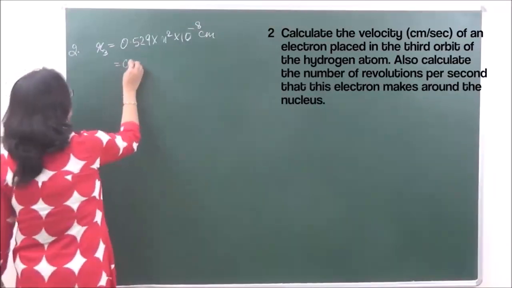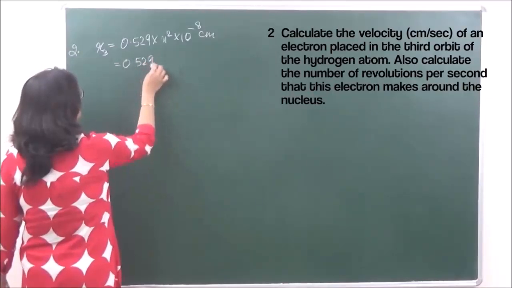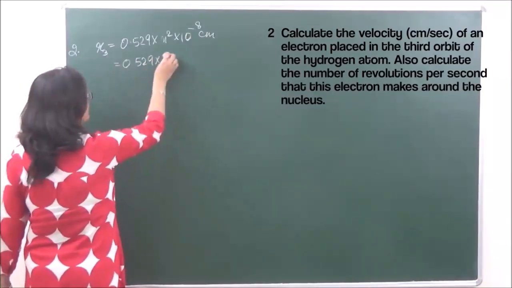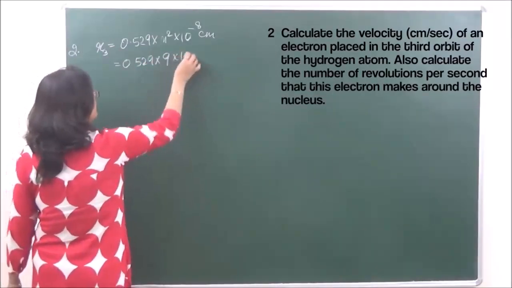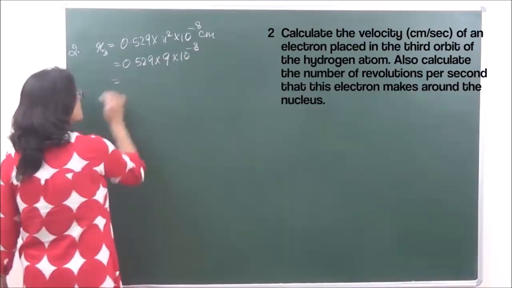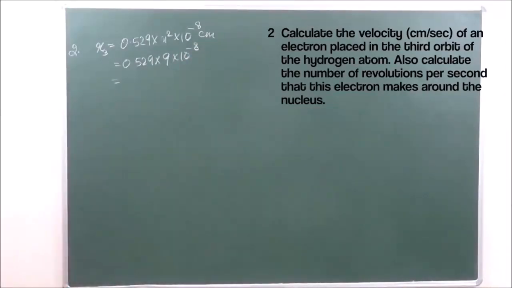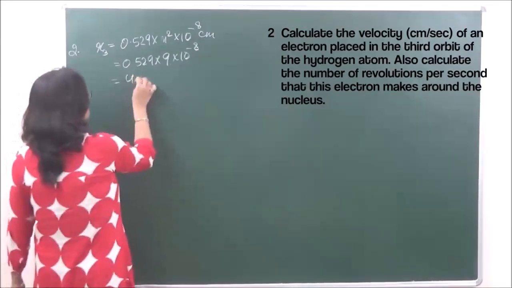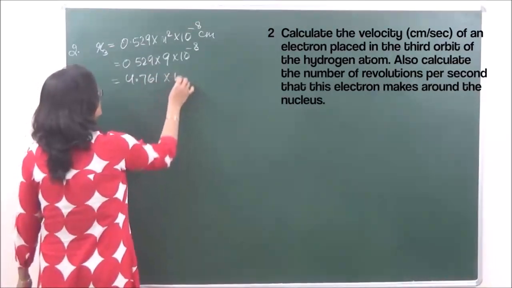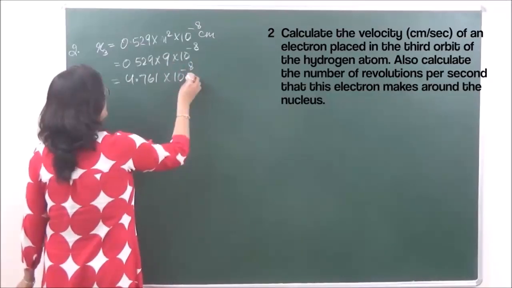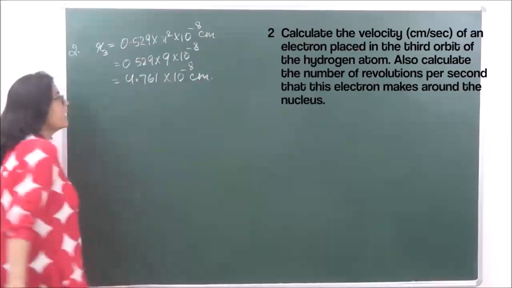So this is 0.529 into 3 square, which is equal to 9 into 10 raised to power minus 8. Right? So this when calculated, it comes to 4.761 into 10 raised to power minus 8 centimeter.